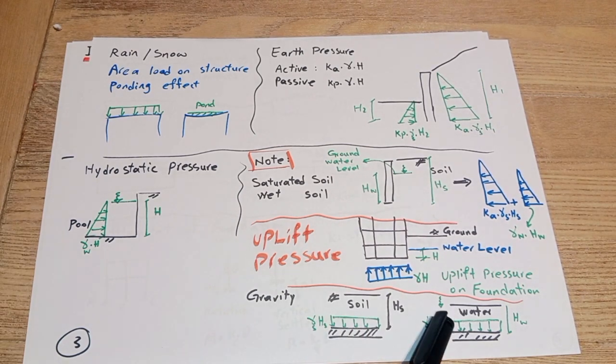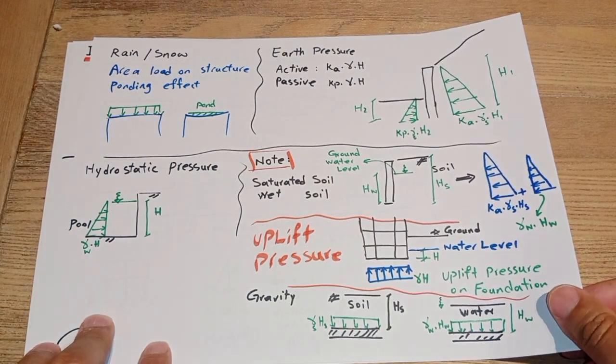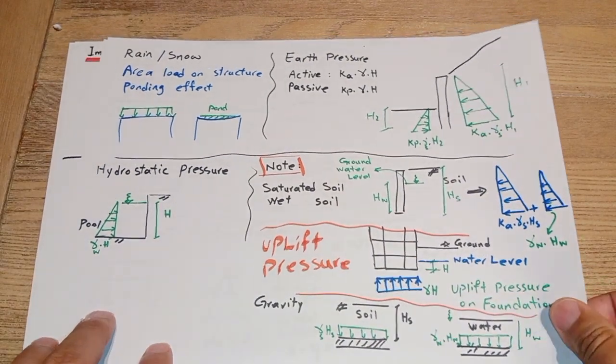Gravity of soil times depth of soil gives the gravity pressure on the area, and same for water. Gravity of water times depth of water gives the water pressure in the gravity direction. We need to consider all these loads coming from water and soil.